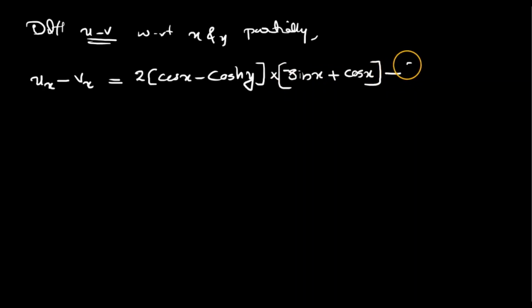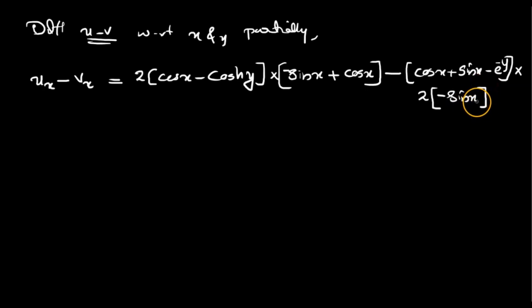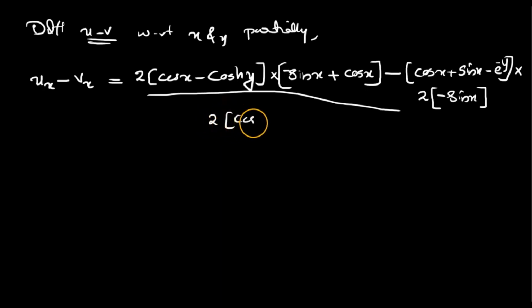Minus numerator, cos x plus sin x minus e raised to minus y, into the derivative of the denominator, which is 2 into (cos x minus cosh y), its derivative is minus sin x, and cosh y is a function of y so the derivative is 0. And divided by the denominator square, that means [2(cos x minus cosh y)] all square. This 2 square is 4.